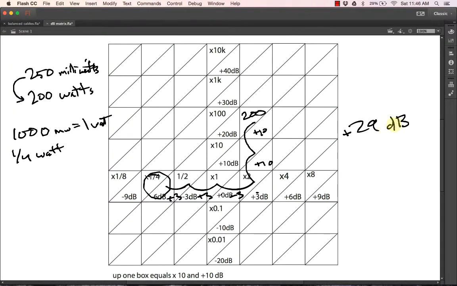Okay, so I hope this helps you in figuring out watts and decibels and how they interact with each other, and I hope it also helps practically when you're thinking about which kind of speakers to buy, and how usually sensitivity comes a lot cheaper than watts do.